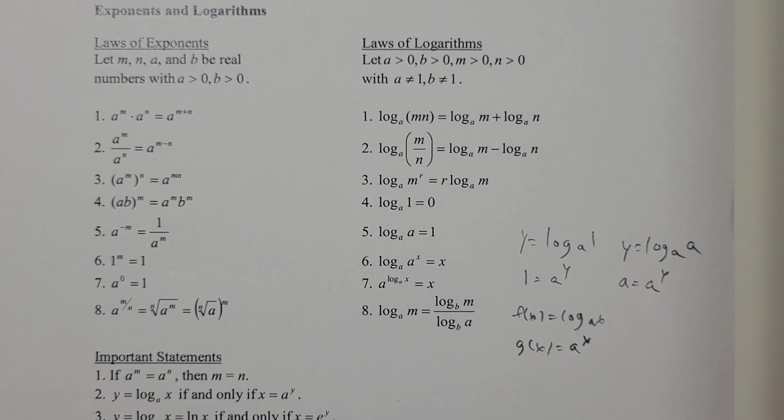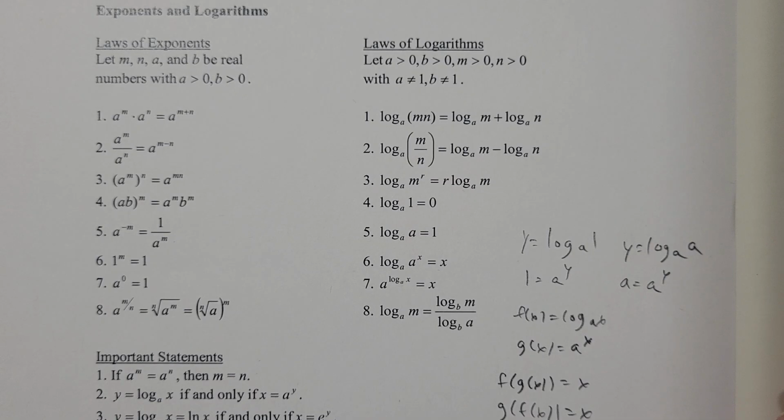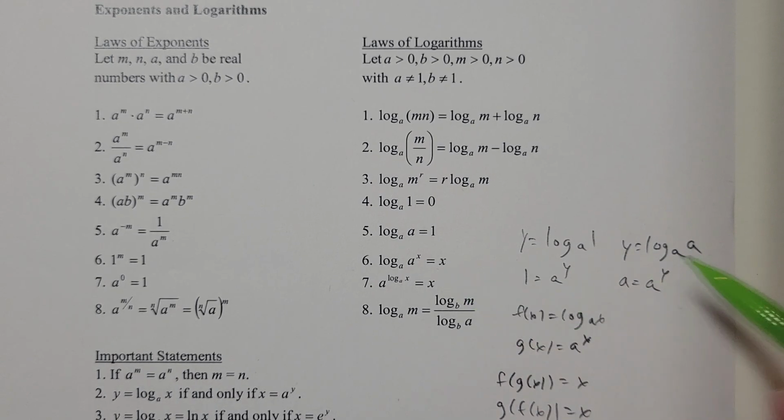You check that through function composition, right? So I need to know that f of g of x gives me just x, and g of f of x also gives me just x. Okay, so if I plug g into f, where I see x, I got log base a of a to the x, and I'm saying that's equal to x. Okay, that's where law 6 is coming from.